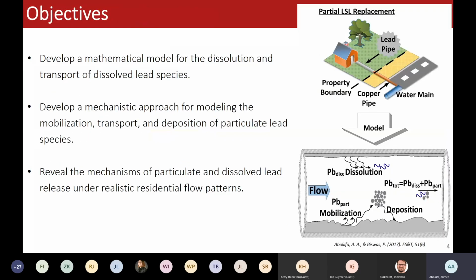And so the key objective of this work was to develop a model for simulating the release and transport of total lead concentrations from service lines.